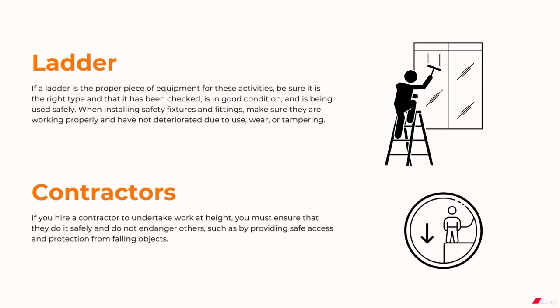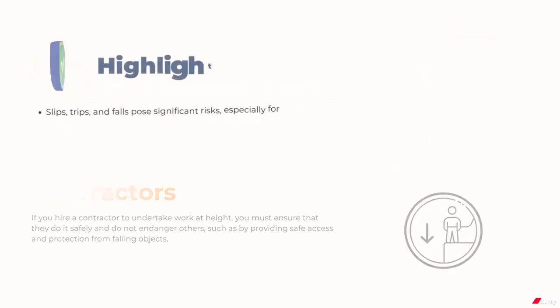Contractors. If you hire a contractor to undertake work at height, you must ensure that they do it safely and do not endanger others, such as by providing safe access and protection from falling objects.